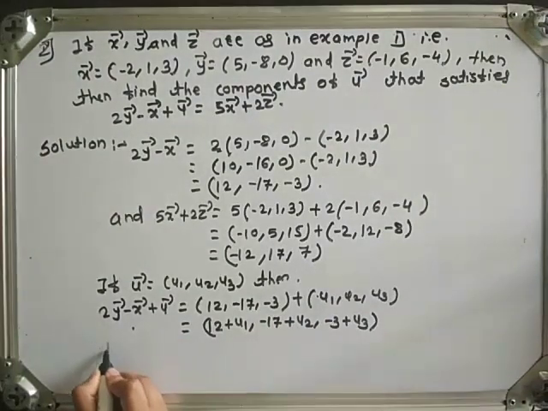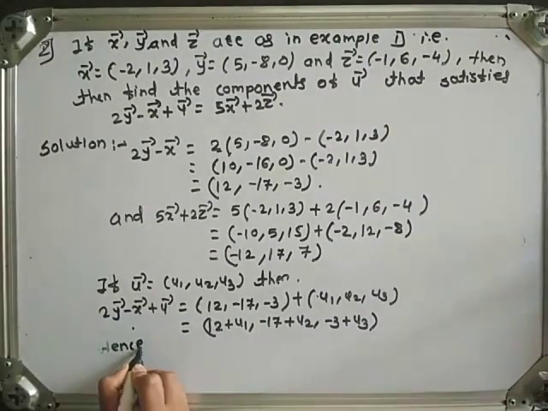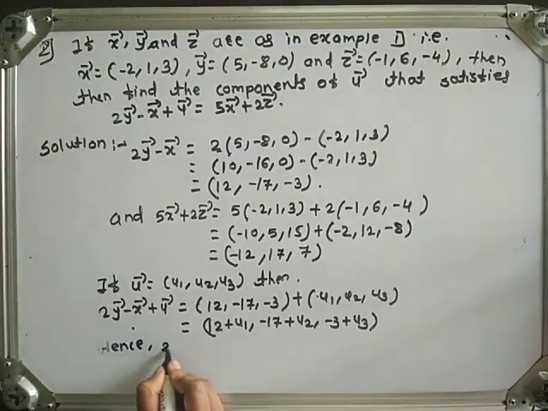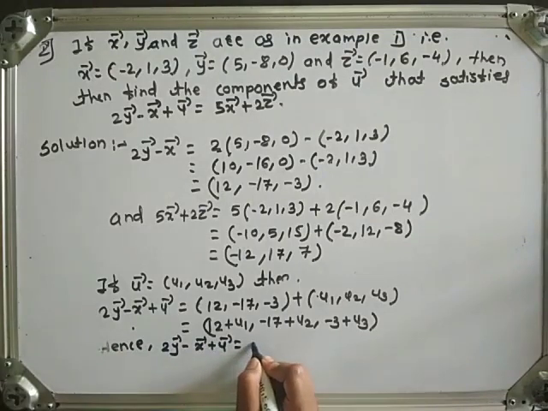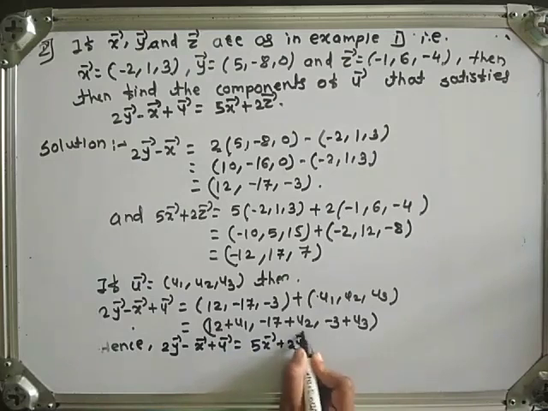Hence 2y bar minus x bar plus u bar is equal to 5x bar plus 2z bar.